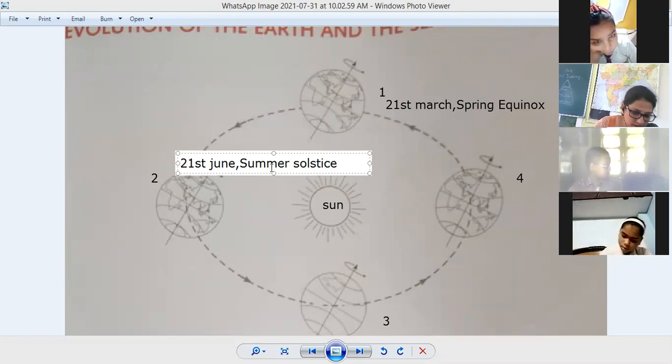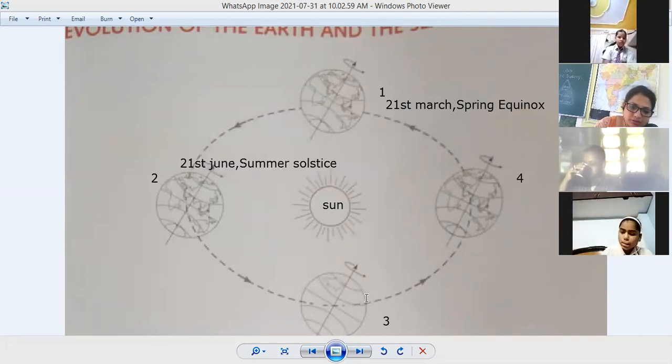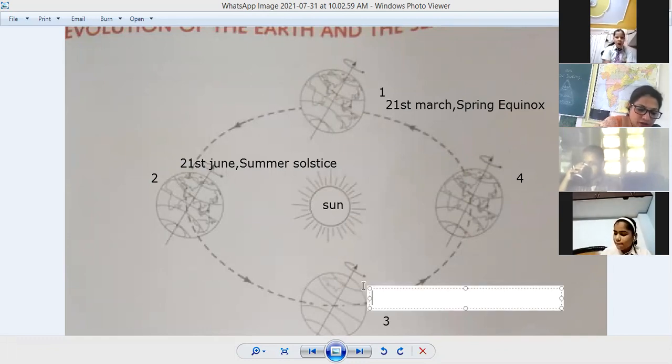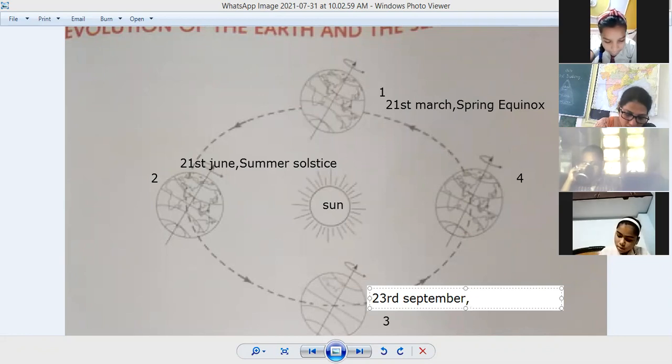Now at this position, it is summer in the northern hemisphere and winter in the southern hemisphere. Come to position number 3, 23rd September. Comma, this is autumnal equinox.